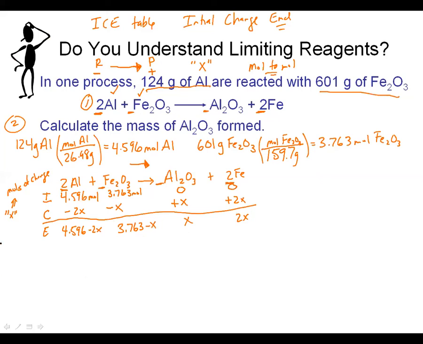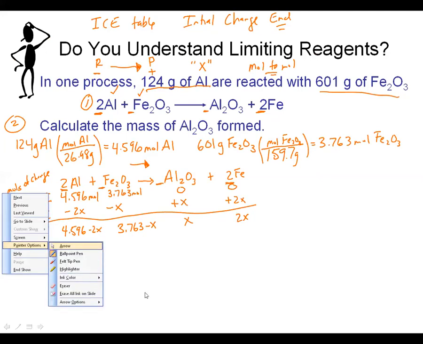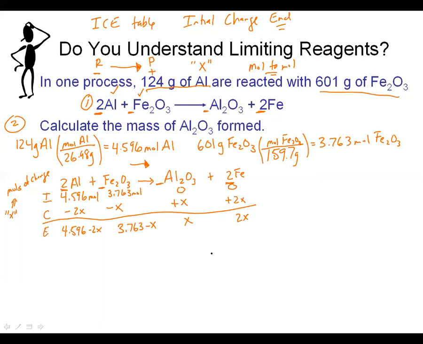Now, because it is a limiting reagent problem, we do need to figure out which one is the limiting reagent. To do that, we're going to do two very quick and simple calculations, based off of our reactants. What we're going to do is set each of these individually equal to 0.